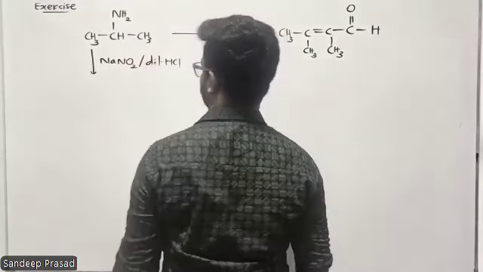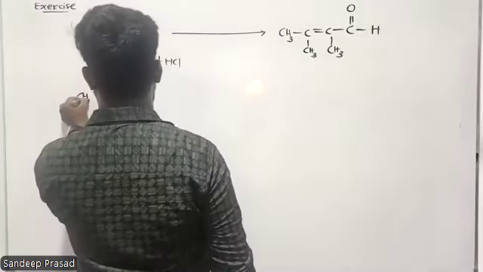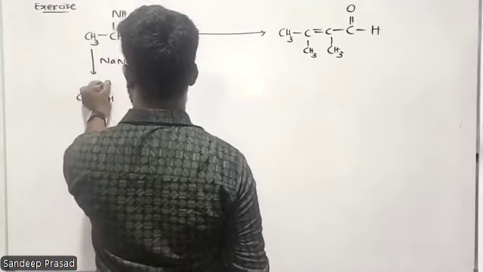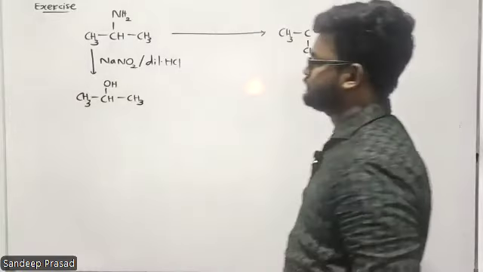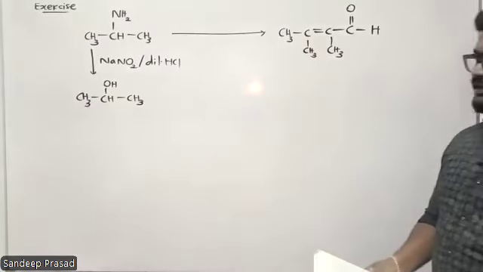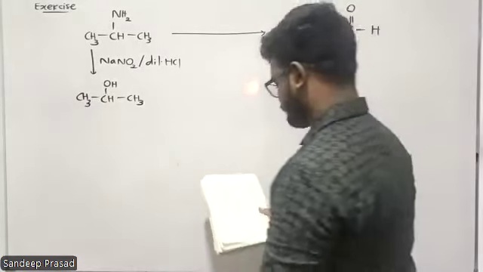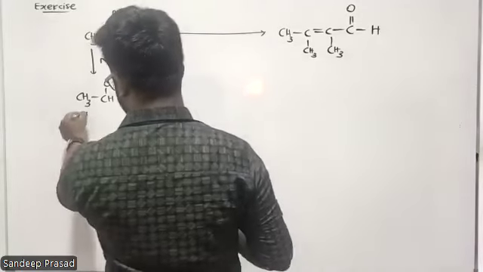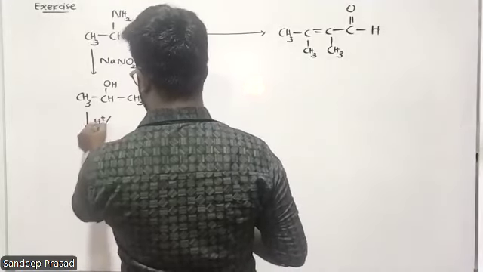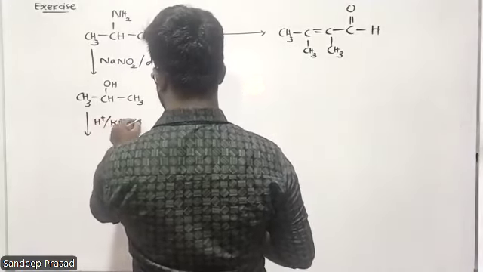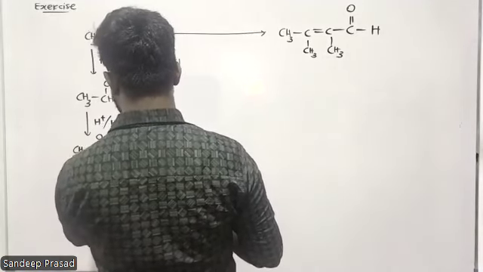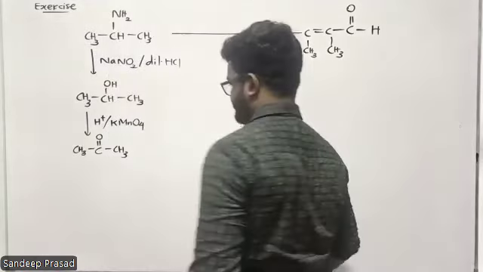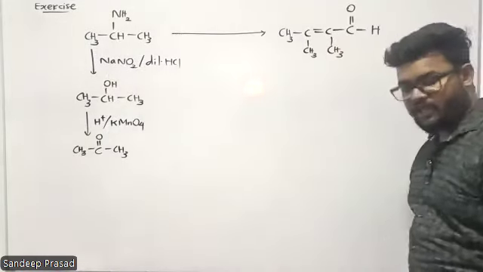That means nitrous acid. Then it is converted into CH3CH, OH, CH3, a secondary alcohol. Okay. Then students, I'm going to add acidic KMnO4. Then it is producing CH3, C double bond O, CH3. So this is a ketone.